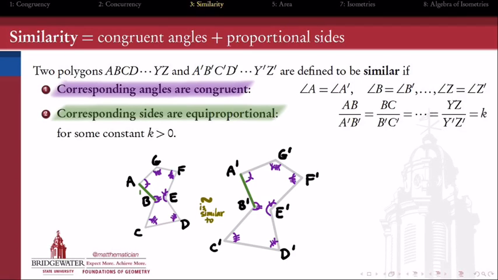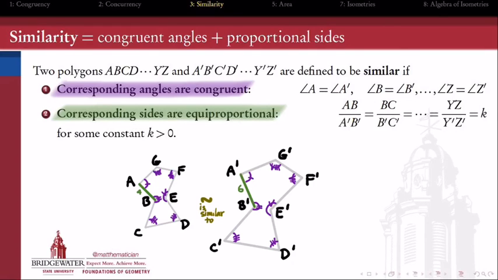We do that by saying that the corresponding sides are equiproportional. If I look at the ratios of the lengths of all the corresponding sides in these polygons, those ratios will all agree with one another, no matter which pair of corresponding sides we choose. So for example, if I pick the length AB on the diagram on the left and A prime B prime in the polygon on the right, let's suppose that AB is 4 and A prime B prime is 6.